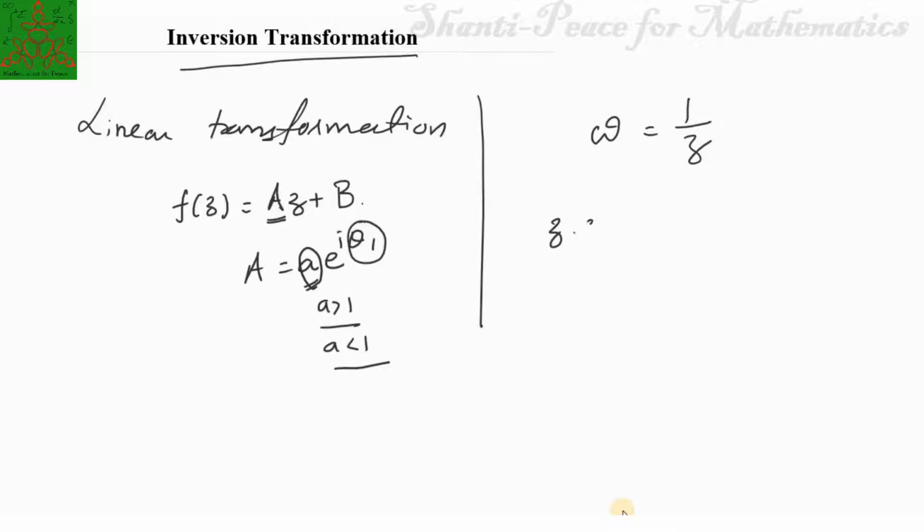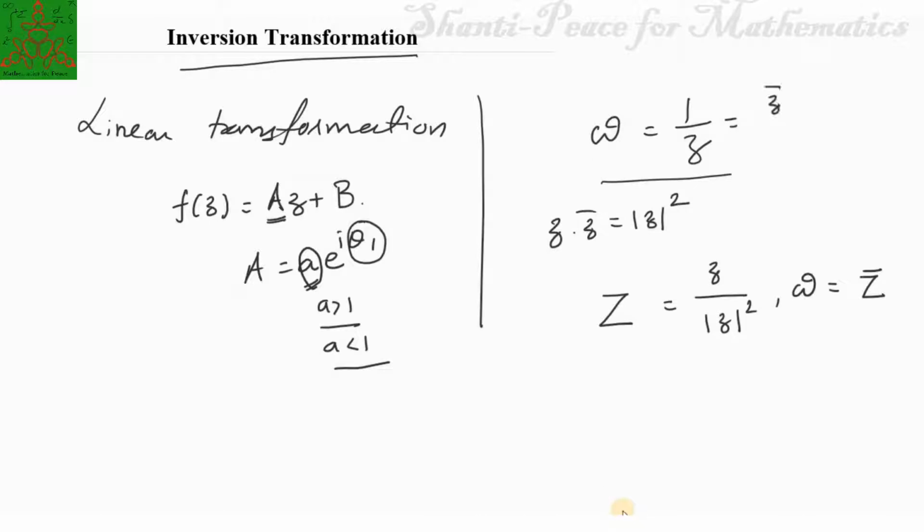Since z times z bar is equal to mod z squared, this mapping can also be written as w = z bar upon z into z bar, that is z bar upon mod z squared.